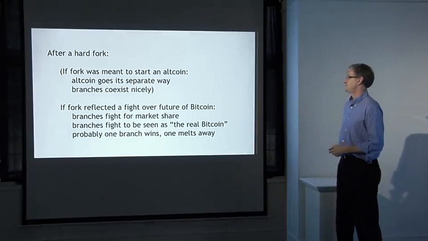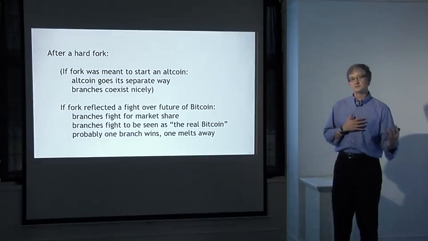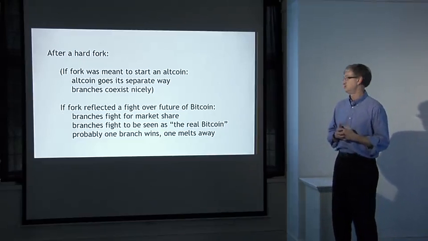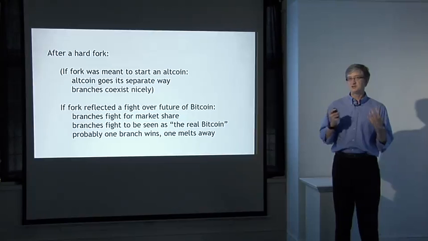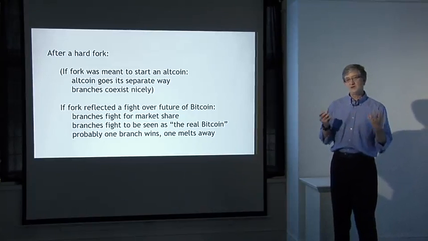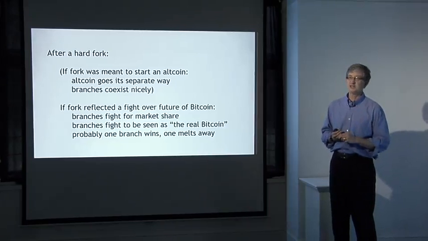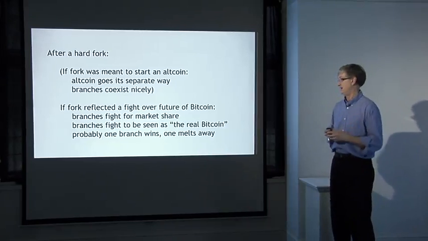The interesting case is what happens if the fork actually reflected a fight between two groups about what the future of Bitcoin should be. If that's the case, then the two branches are rivals, and the branches will fight for market share. After the fork, there's an A coin and there's a B coin, and each branch will try to get more merchants to accept it. Each branch will try to get more people to buy it.